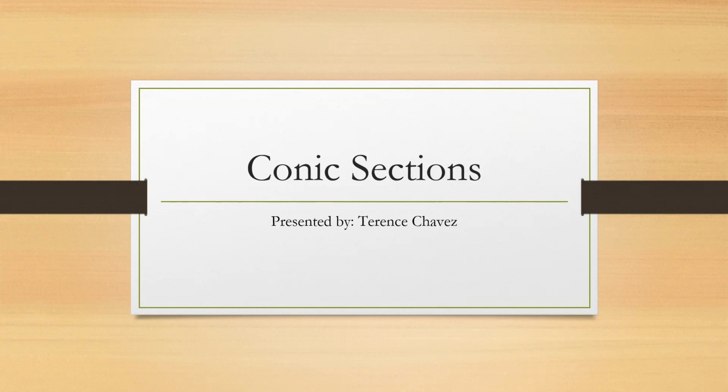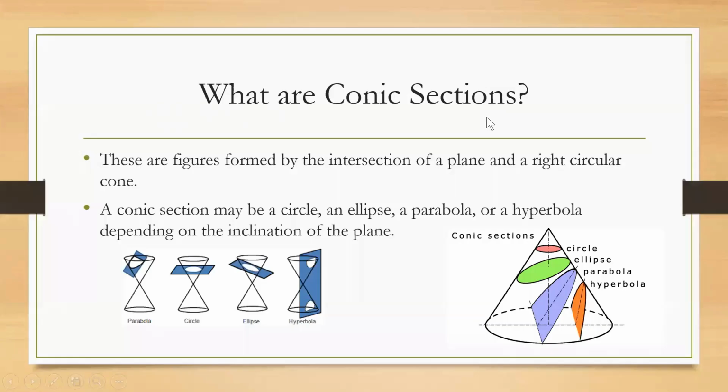This presentation will cover the first lesson of STEM 101 Pre-Calculus: Conic Sections. To start, let us have a review on what conic sections are. These are figures formed by the intersection of a plane and a right circular cone.